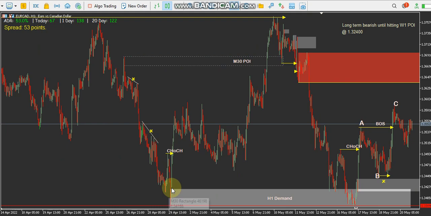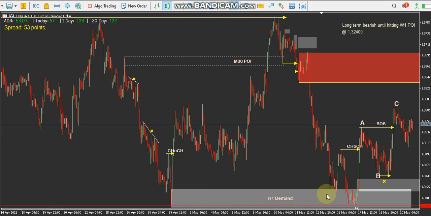Okay guys, first thing, I saw this demand level on the H1 chart. Price was coming down all the way, making lower lows, lower highs, and all of a sudden it changed direction here, giving us a break of structure in the opposite direction, meaning we are left with a change of character.